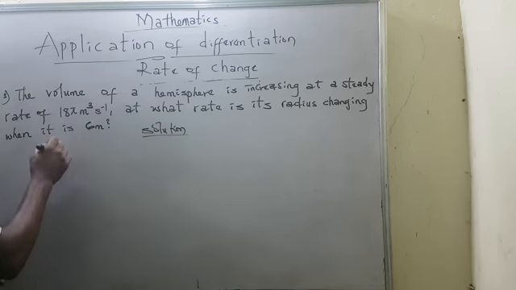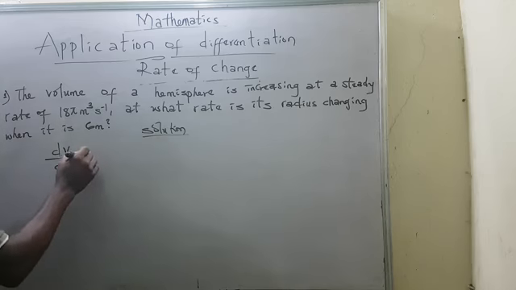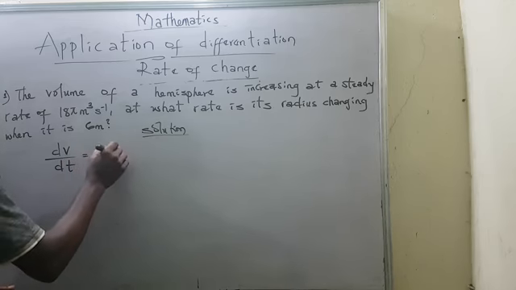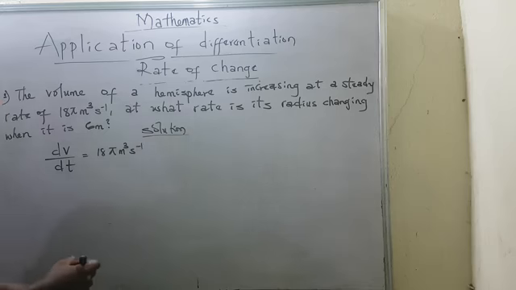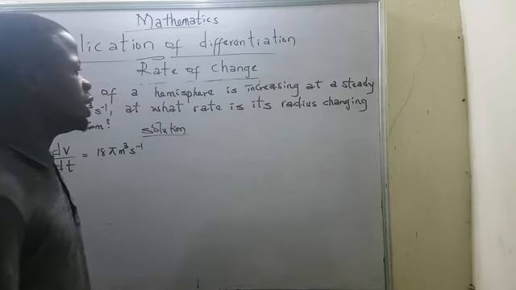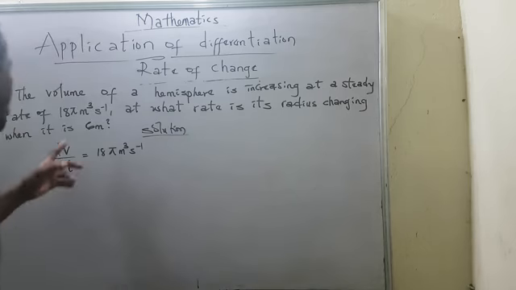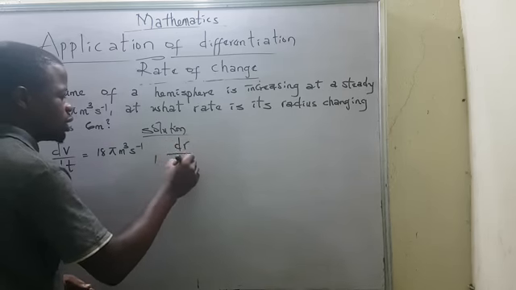So it means we have V and T. In terms of rate, that's dV/dt, the rate of increase in volume per time. So we have dV/dt equals 18 pi meter cube per second. Then, at what rate is the radius changing when it is this? So that is dr/dt.